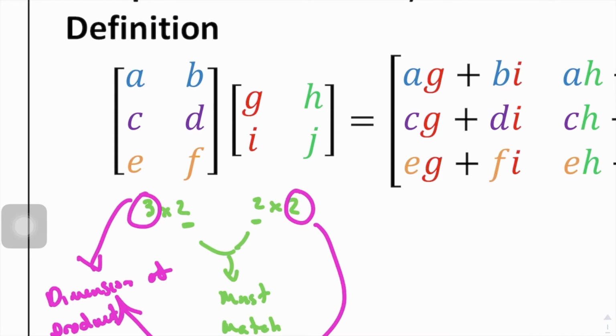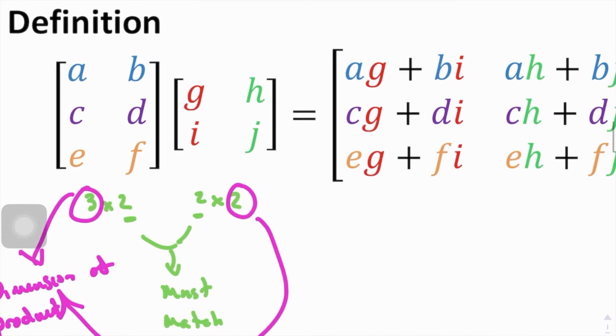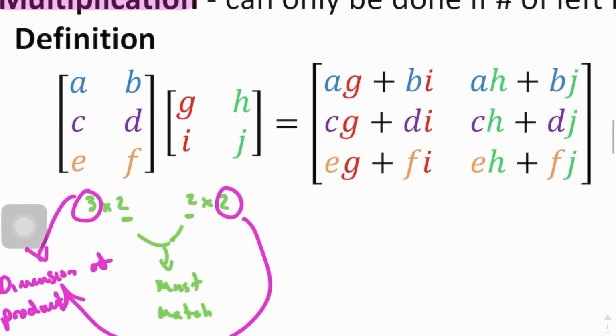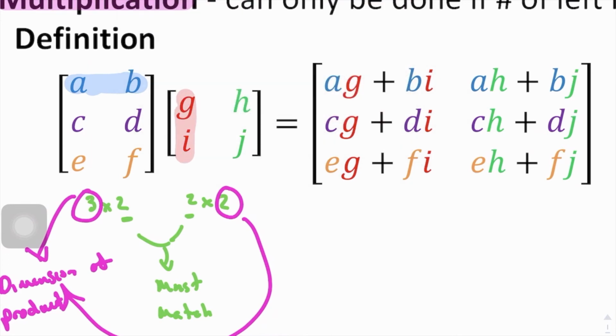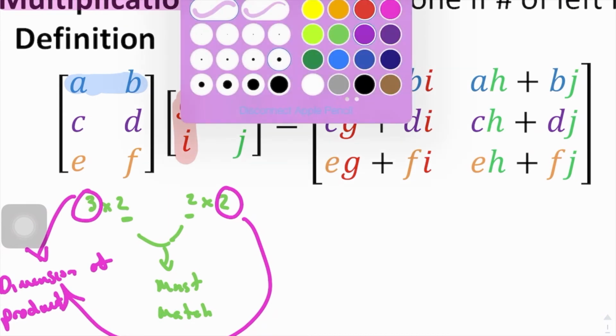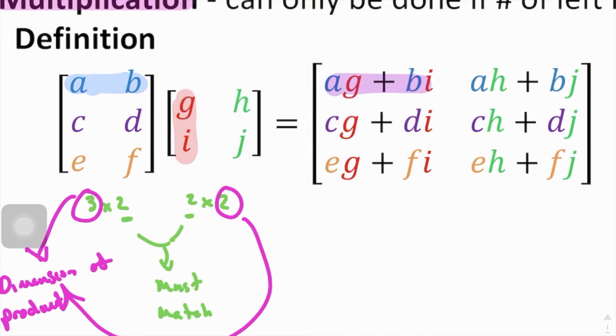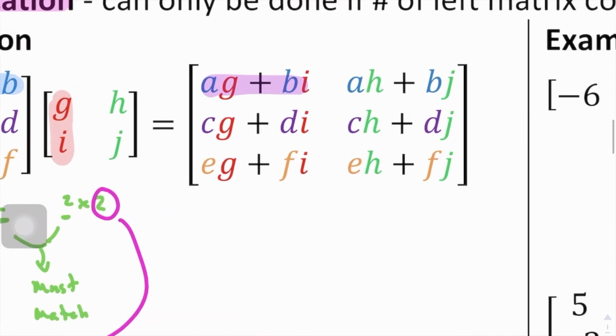So when we're done multiplying, we should end up with a 3 by 2. Now be mindful here, I have it color coded so you can see that this row is going to multiply this column to get the first entry. So it's important that you correctly line things up, otherwise you're going to end up with the wrong answer.